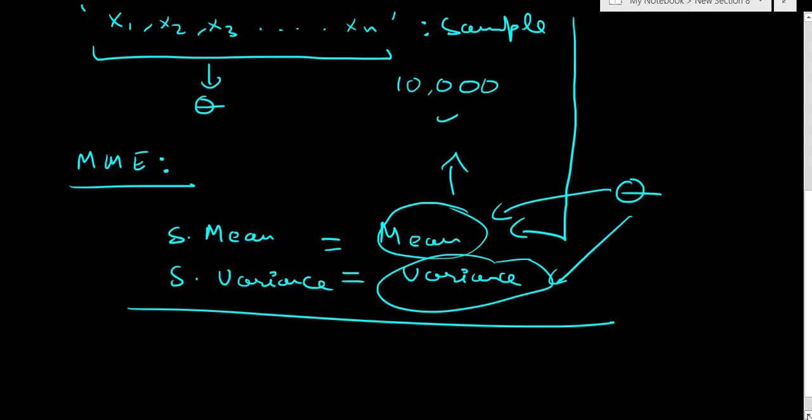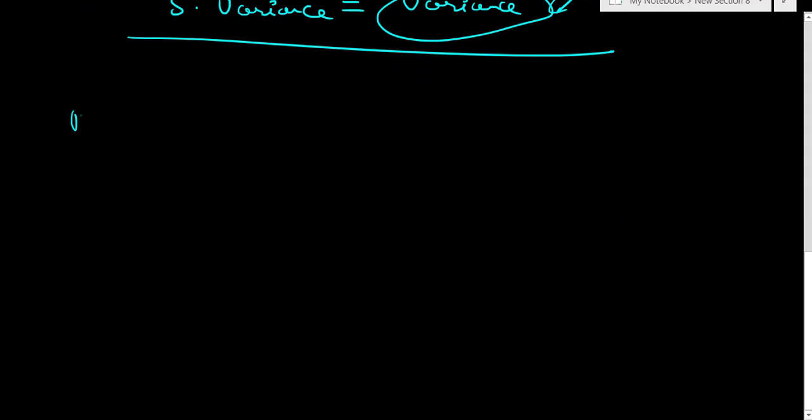A better method is the maximum likelihood estimate, MLE. This is a way stronger method, and this is perhaps the best method to estimate the parameter value using the sample values.